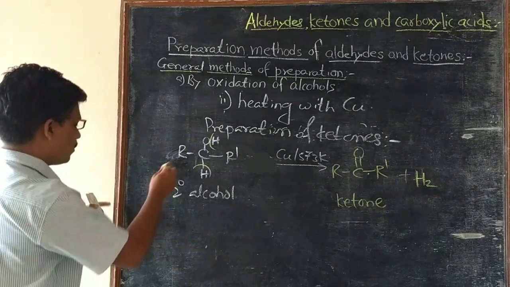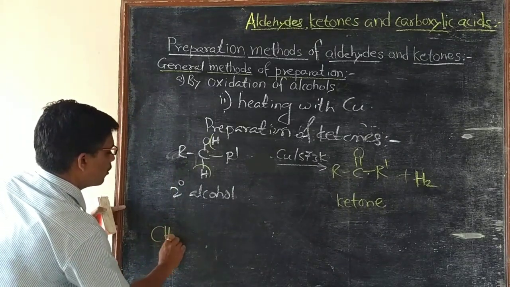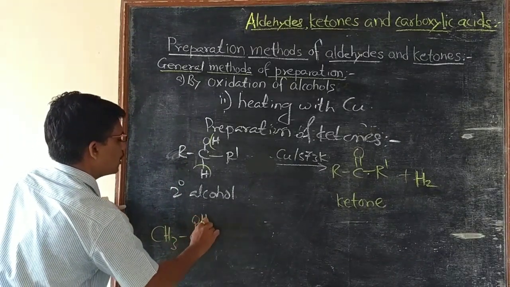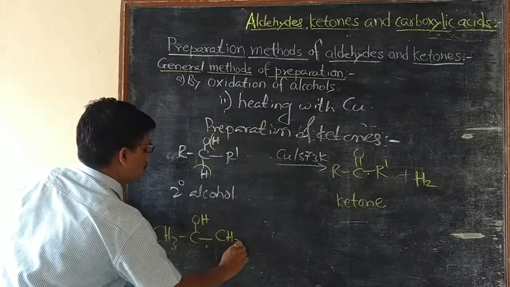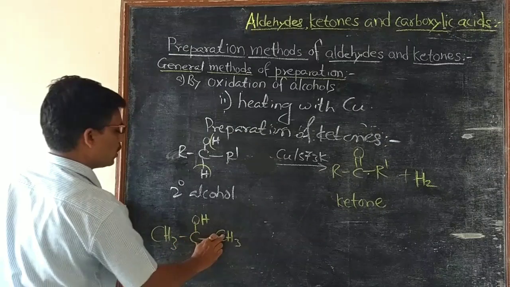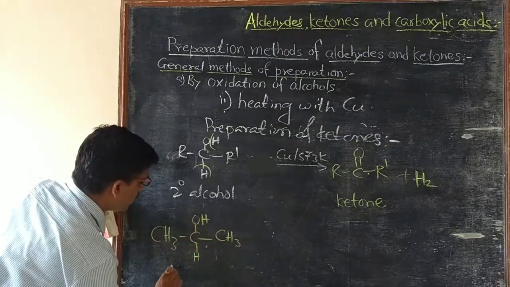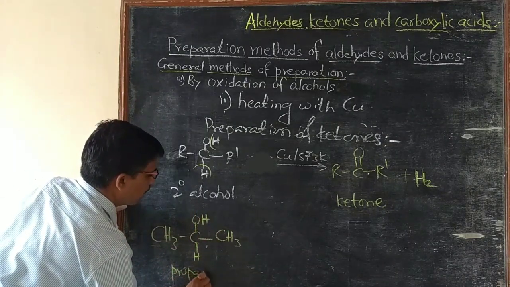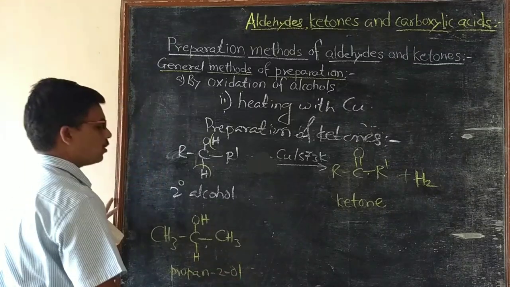For example, this is a secondary alcohol, 1, 2, 3, that is its name is propan-2-ol.